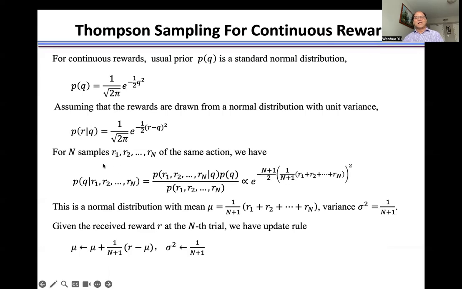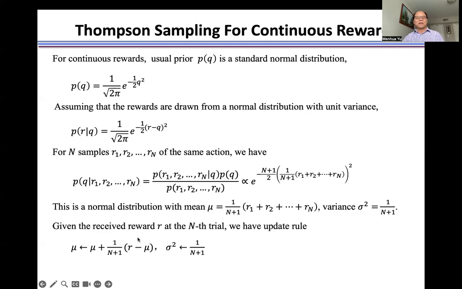Then for many samples, we can express the posterior as a normal distribution, and we can prove it is a normal distribution with mean rho here and sigma squared here. Following the same idea, we use the Thompson samples step by step to update this mean and variance.